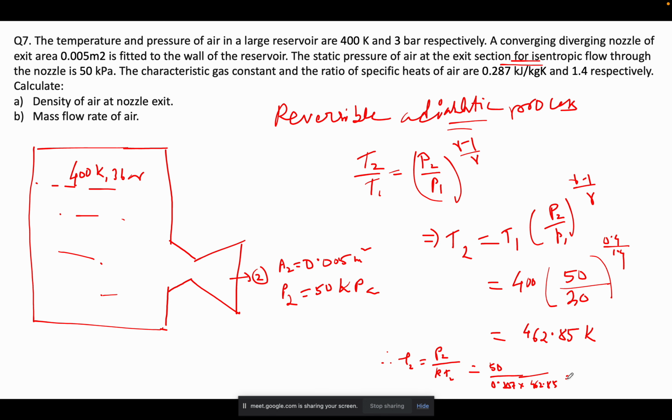So your answer is 0.727 kg per meter cube.